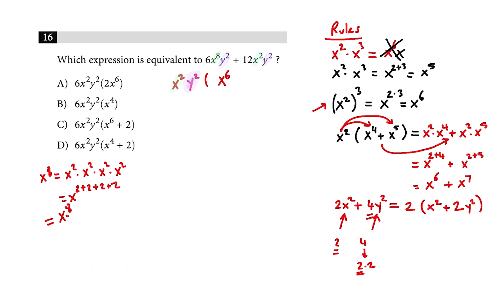If I change the color here, if I use one of them, just this 3 is left, and it makes this x to the 6th power, and I add them in the parentheses. By the way, x to the 6th power is only for the first one. And then I use x squared, so nothing is left for the second one.